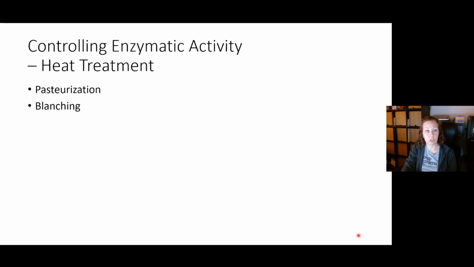So pasteurization is one heat treatment that we can use to stop enzyme activity. We've also talked about blanching before, being used to stop enzyme activity, and you can do that either with boiling water or microwaves.